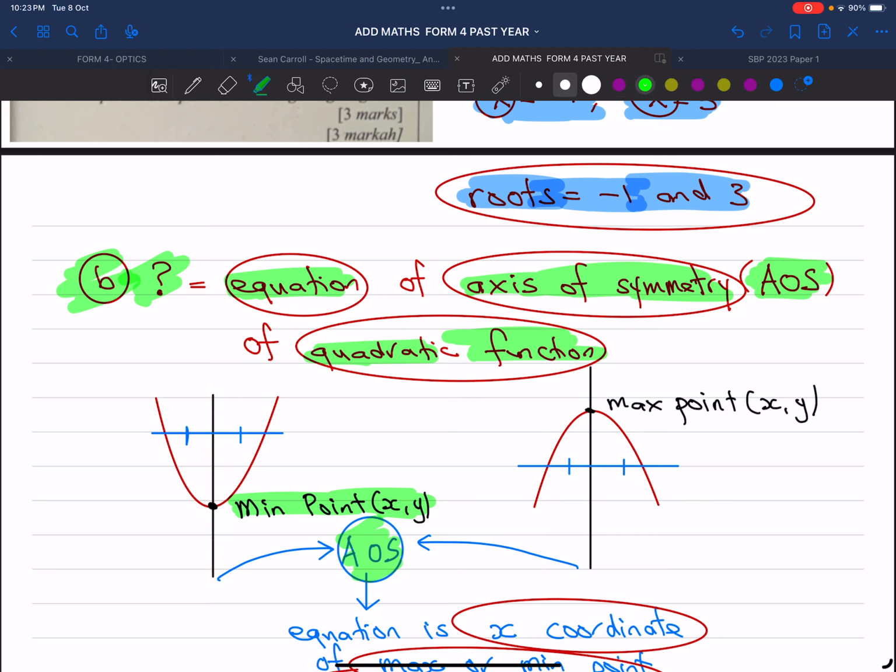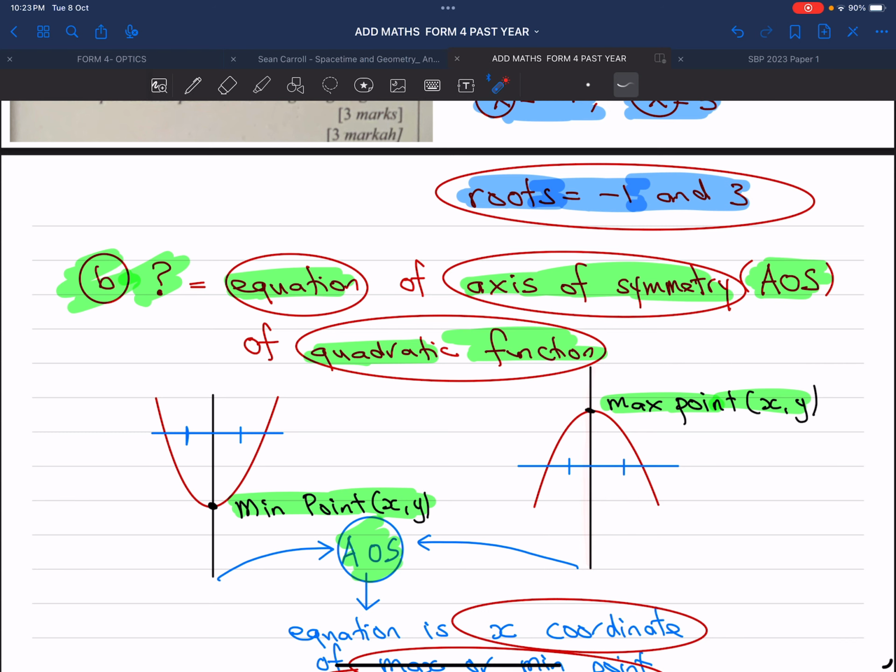Or if the quadratic function is the shape of n, it has a maximum point with coordinates (x, y), and the vertical line through the maximum point is the axis of symmetry. So for both graph shape U and shape n, the vertical line through the minimum or maximum point is the axis of symmetry.